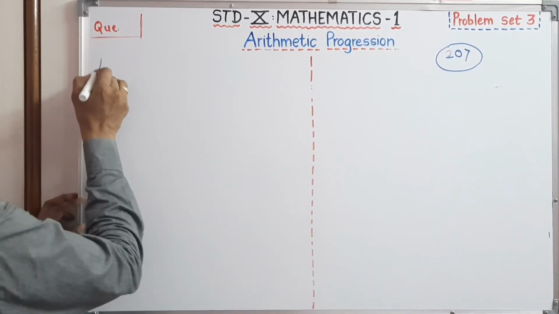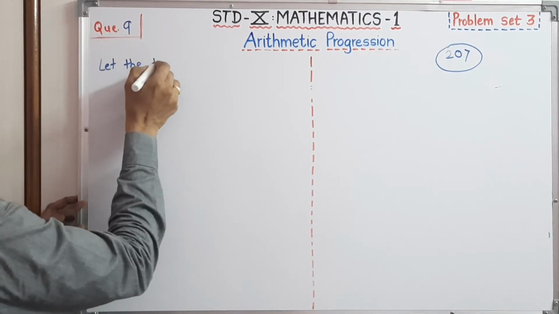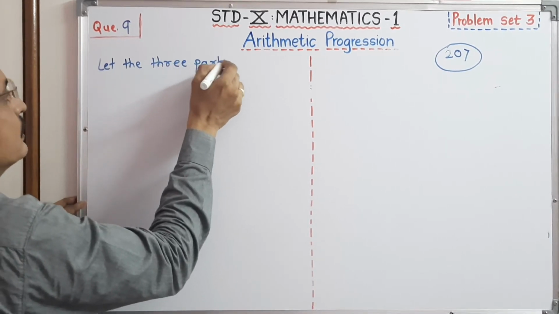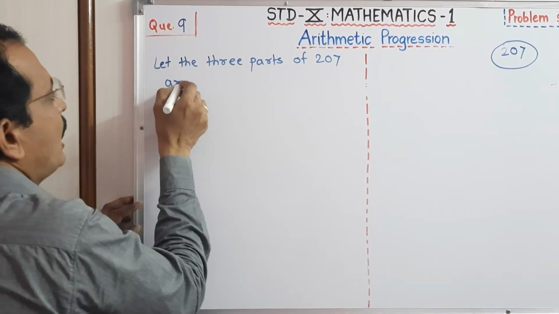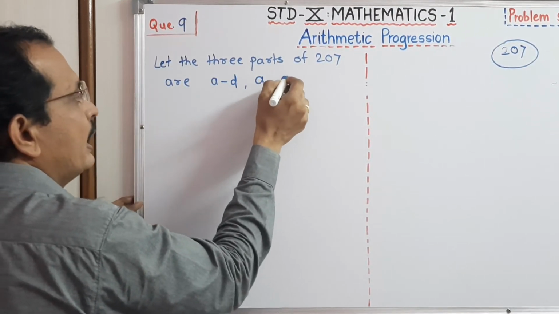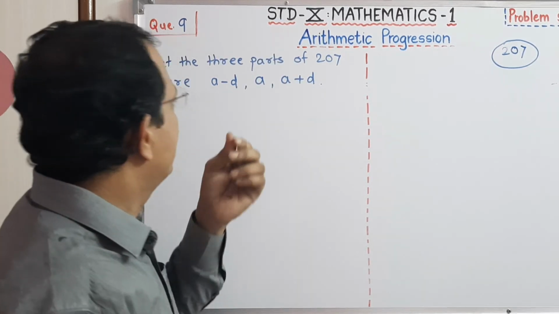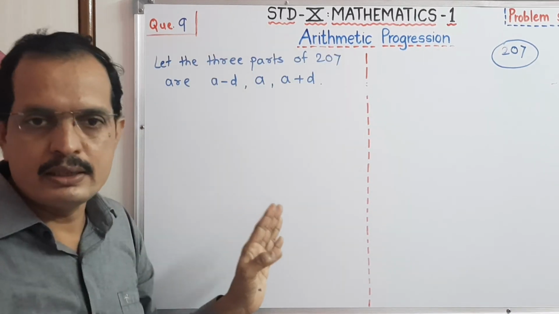Therefore, let the three parts of 207 be A - D, A and A + D. Very simple thing. That means three numbers in an AP whose sum is 207.